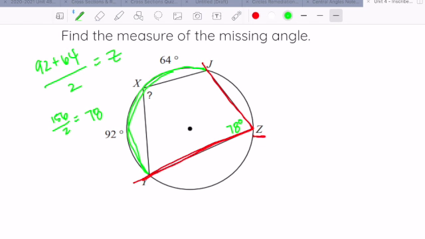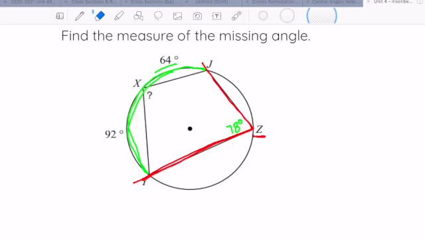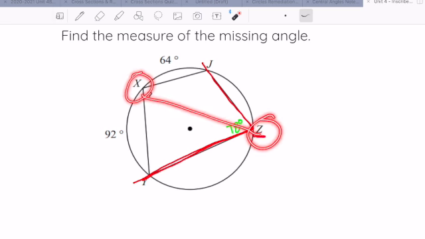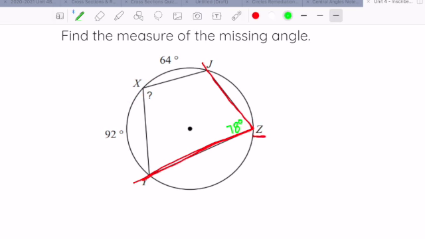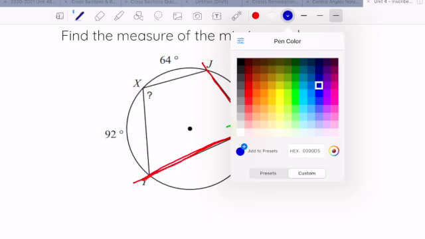That being said, I'm going to erase some of this so that's a little bit clearer. Now I can use part 4 of my inscribed angle theorem that says that opposite angles are supplementary, which means that X and Z are supplementary.